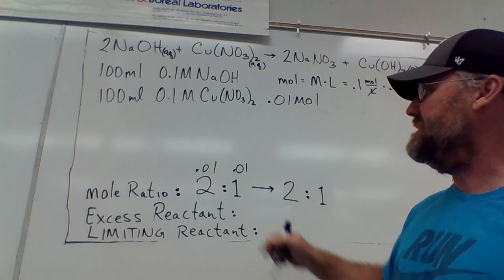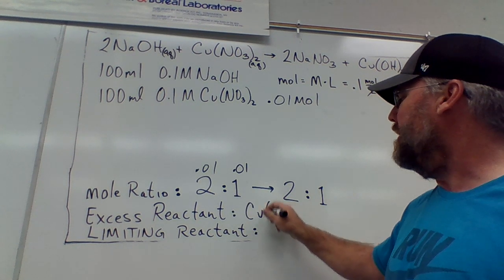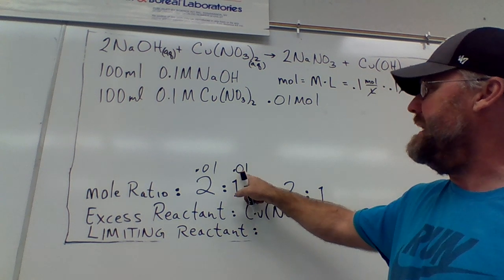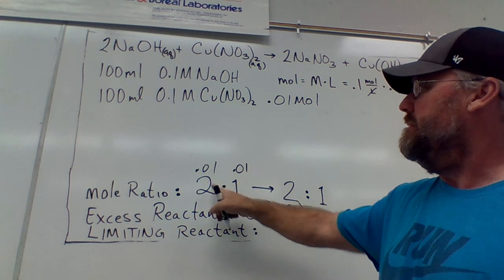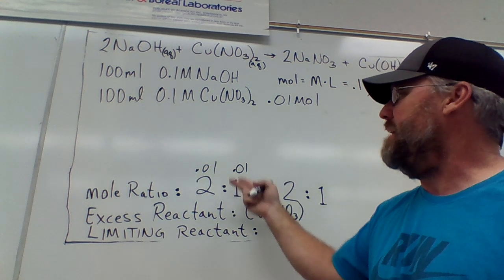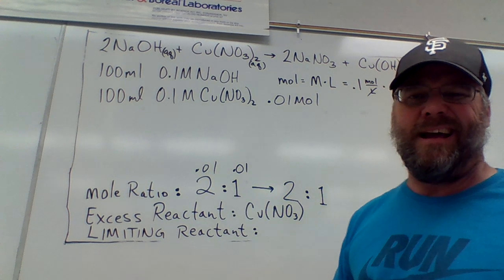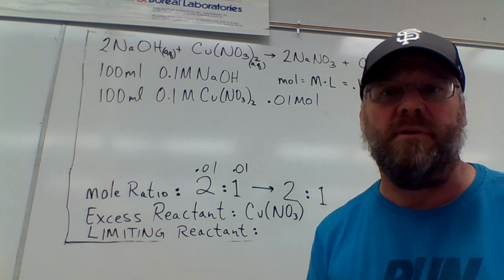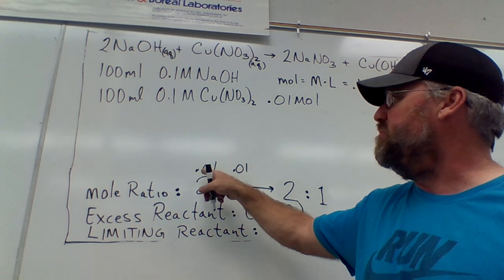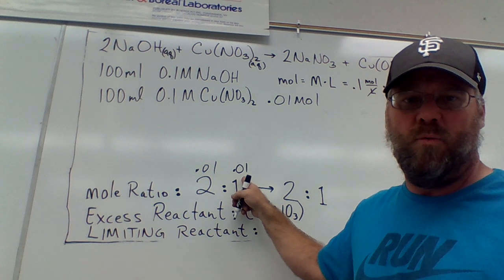So again, our excess reactant here would be the copper nitrate. I've got too much of it. Comparatively, if I want to look at what I really have, I can divide this by that, and I call that an amount for reaction. And so I would only have 0.005 of this compared to 0.01 of that.